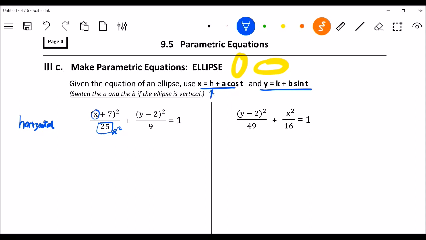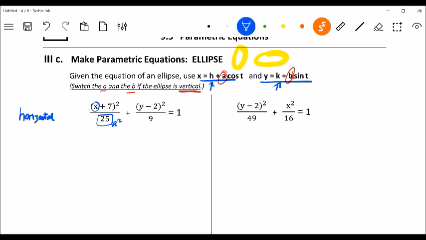Okay, so we need an h and a k just like before, but now we are using a and b for the coefficients, not the r because there's no radius. But a and b is like the radius as it changes one way or the other, sort of. It's a different conversation. If it's vertical, we will switch the a and the b, and we'll do that in the second problem.